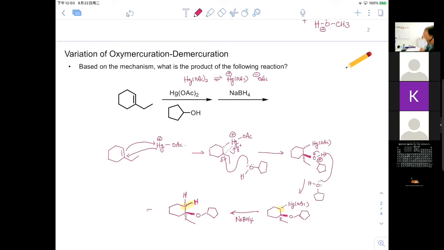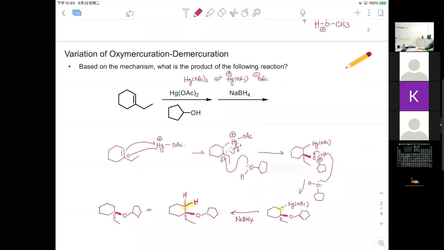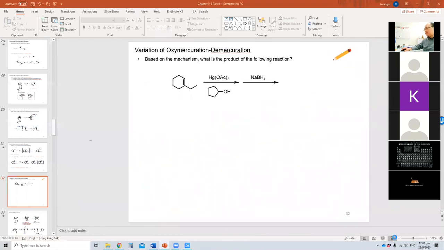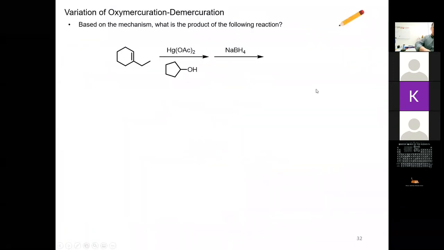So you can simplify this structure as this. Okay. So if you give me this structure, you are 100% correct.